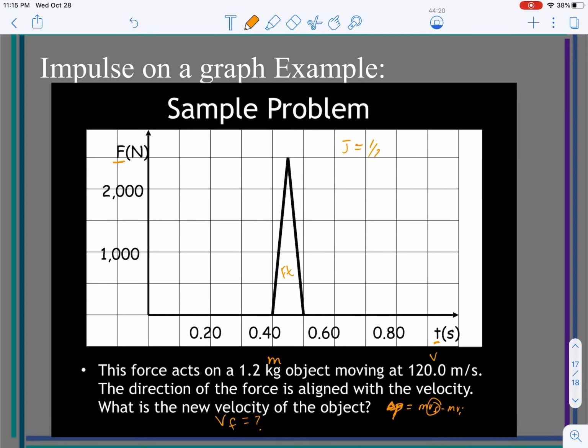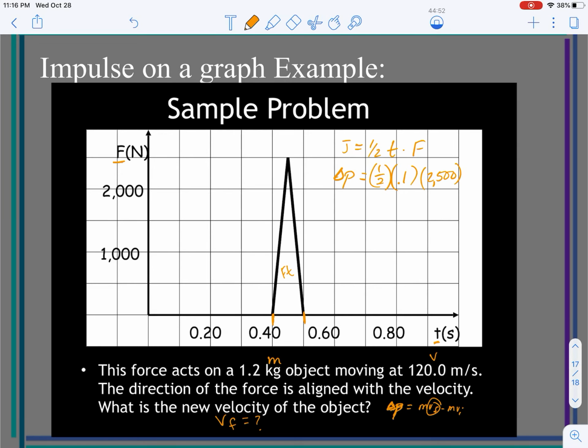So I'm going to say that my impulse is 1/2 base times height. So my change in momentum is going to be 1/2. And then on this graph, my base is 0.4 to 0.5, and my force is from 0 to 2,500.